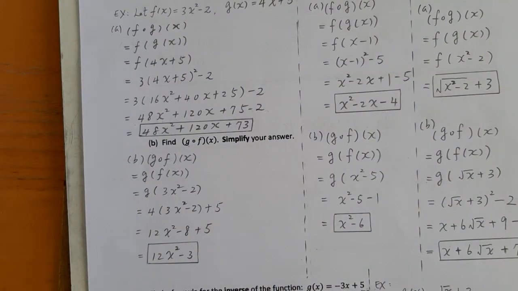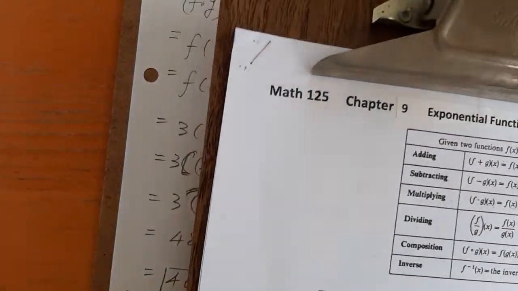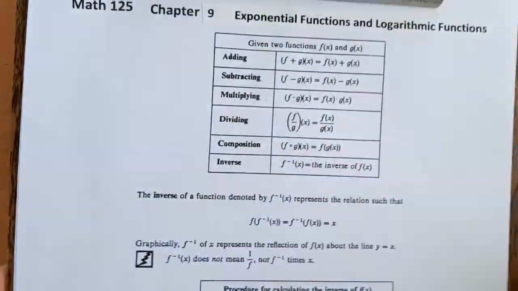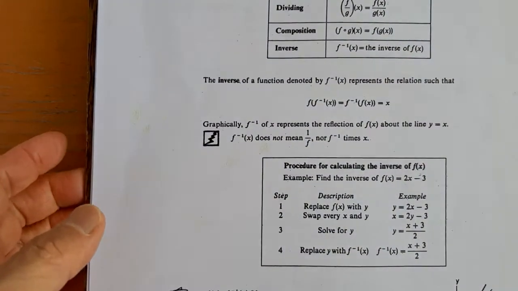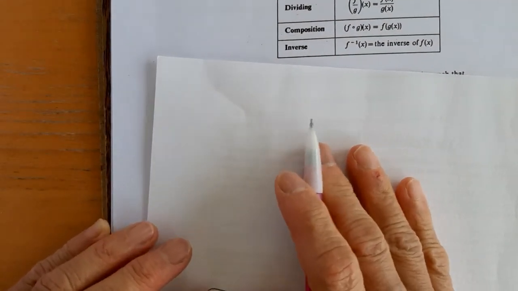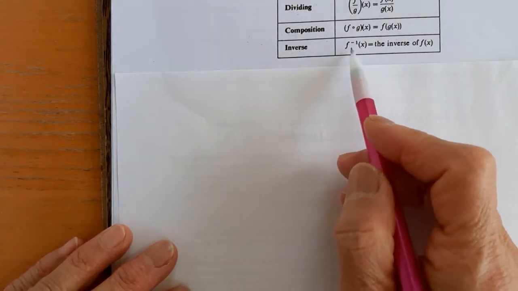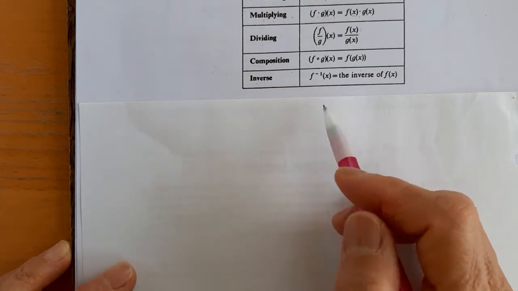That's the first question, about composite functions. And then we will talk about the inverse function. If the two functions are inverse of each other, then after composition the result is x. The inverse of f is represented by f inverse of x.